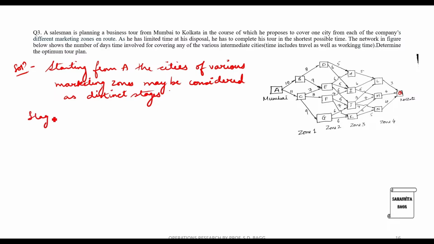So I write down stage 1. A will go to either B or C. So B or C is stage 1.